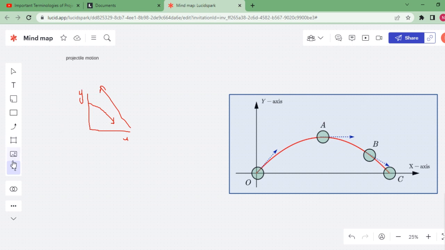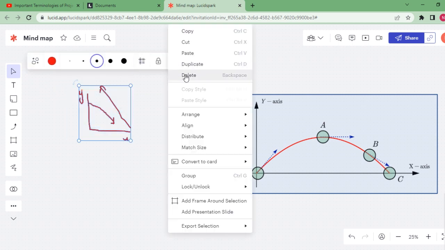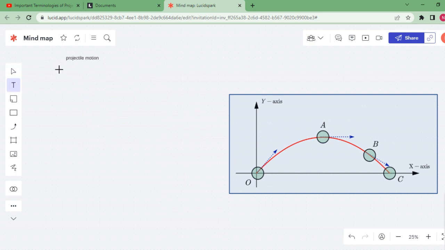So let's move on to what is projectile motion.